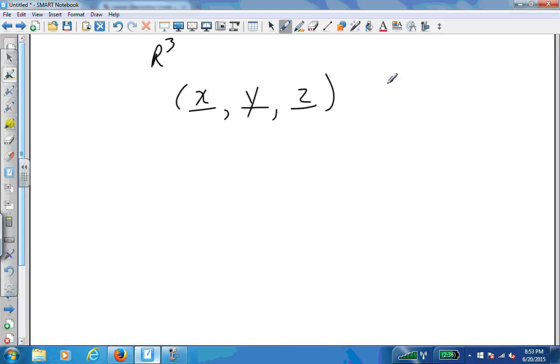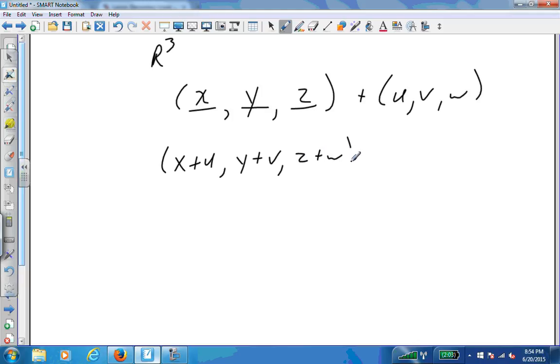If I take one vector x, y, z, I can add another vector u, v, w, and if we add their corresponding components together, we still get a vector that's 3-dimensional.